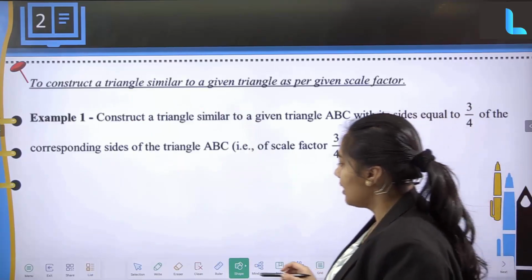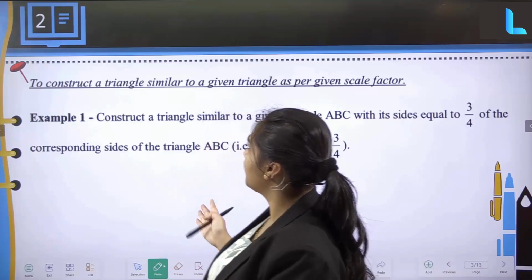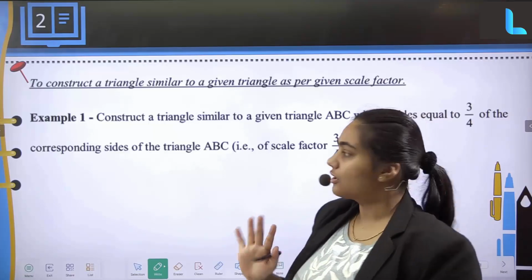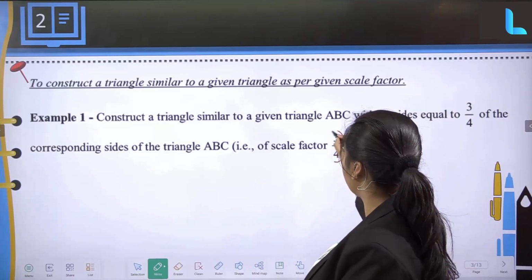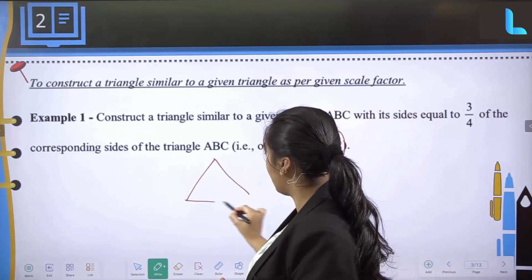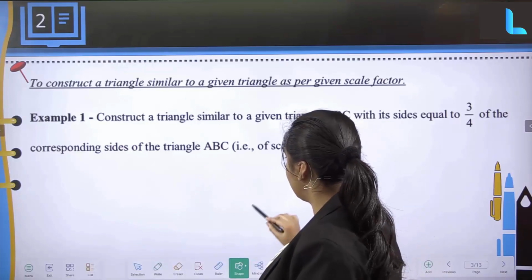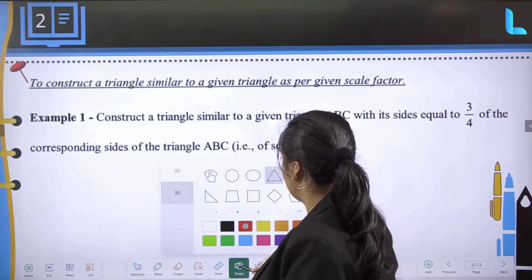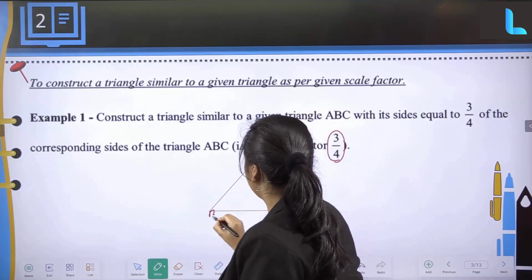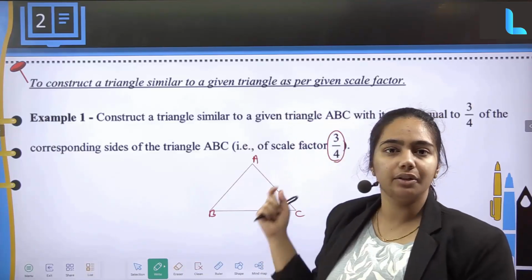First and foremost, construct a triangle similar to the given triangle as per the given scale factor. Over here they have given you the scale factor to be 3/4. Suppose you have a triangle, let us consider this triangle ABC.